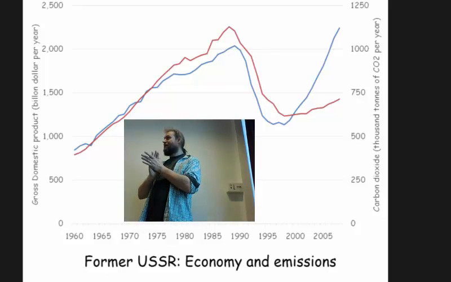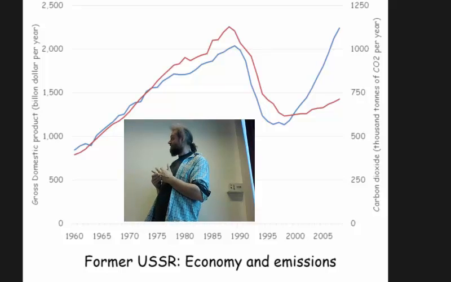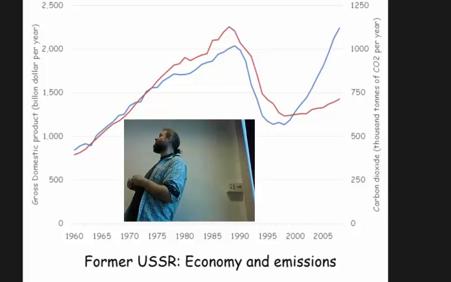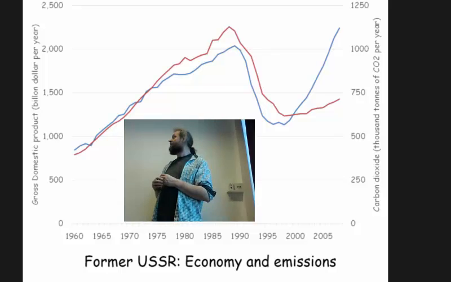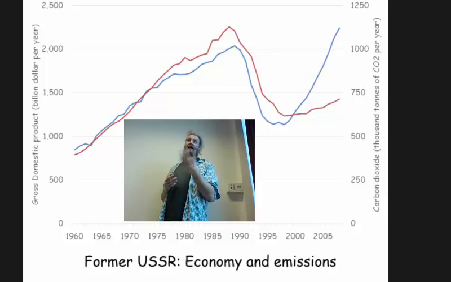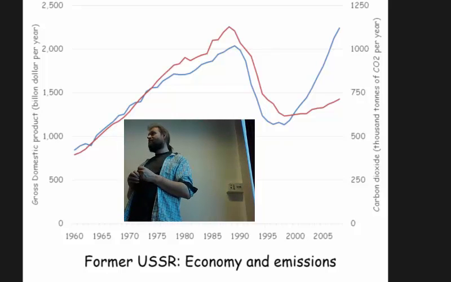The scale of the economy is much, much smaller. This has been repeated in a number of places all over the world. If the economy collapses for whatever reason, then emissions tend to come down with it. And also the lack of growth in CO2 emissions from Europe over the last 10 years or so is by and large explained by the lack of economic growth.